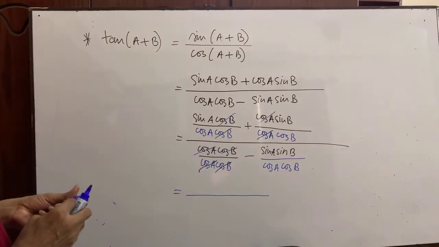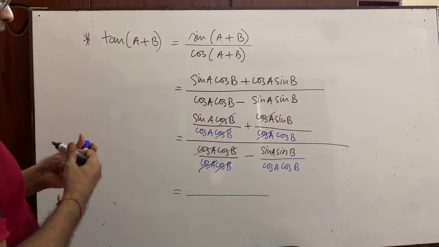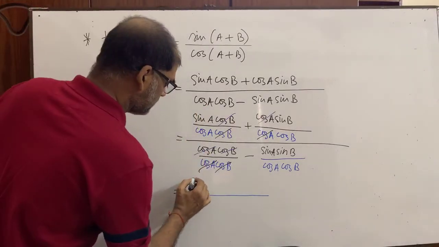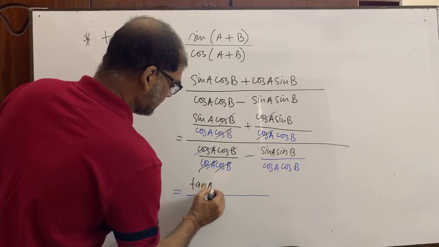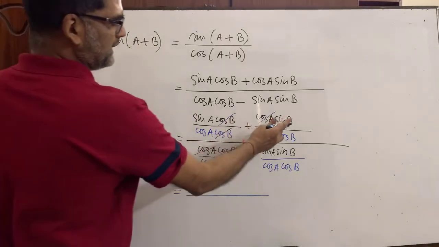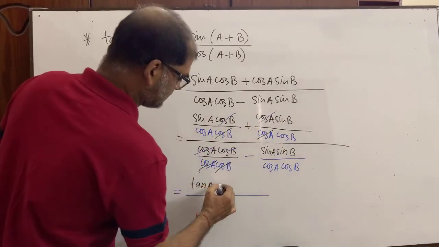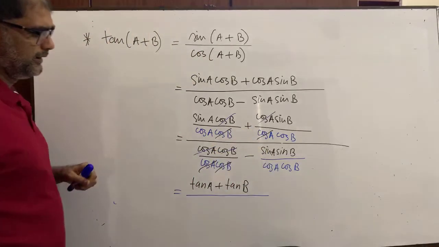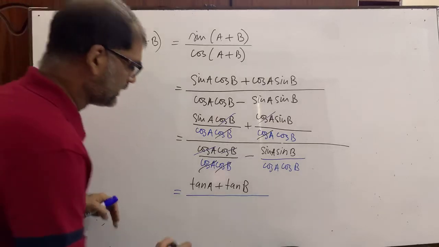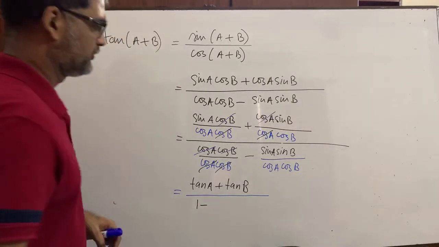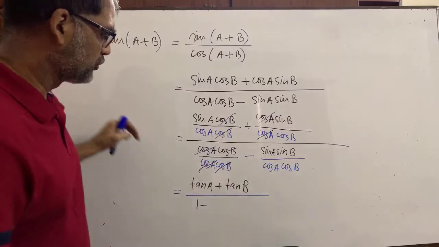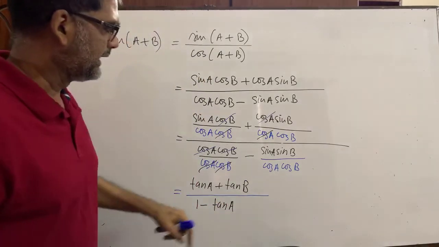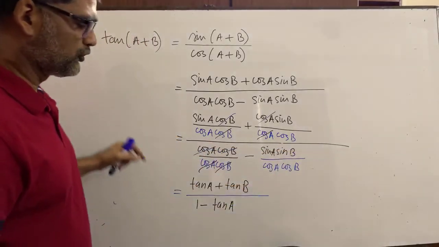Okay, so we are getting here, you write down, sin A by cos A equals to what? Tan A. Here sin B by cos B equals to what? Tan B. And here nothing but 1 minus, here sin A by cos A equals to tan A, here sin B by cos B equals to what?